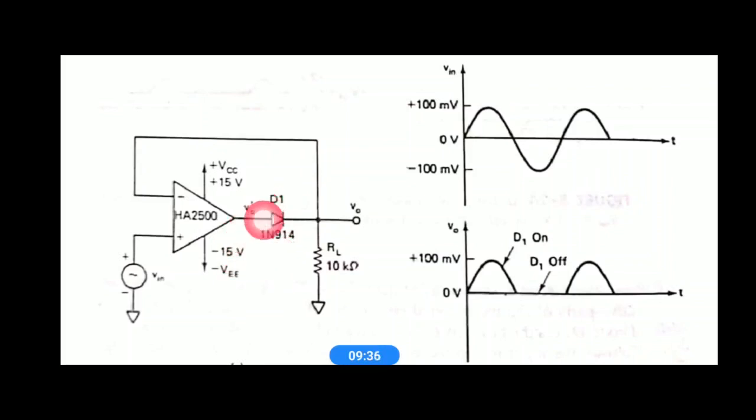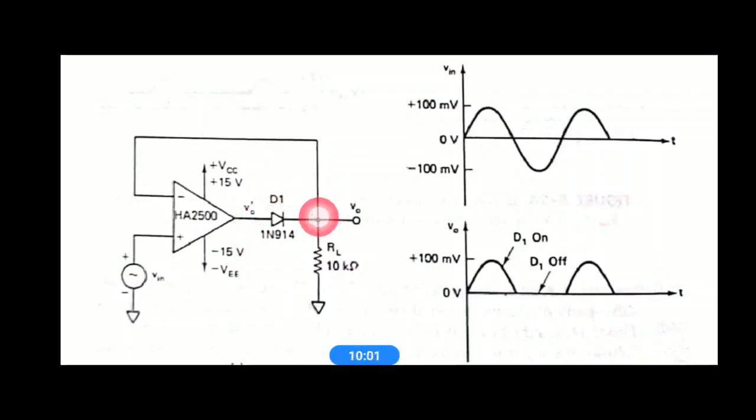So the anode becomes 10 volt, at the output of the op amp, which is connected to the anode, and the cathode is connected here, where you applied 1 millivolt. The anode is 10 volt, so the anode is greater than the cathode.